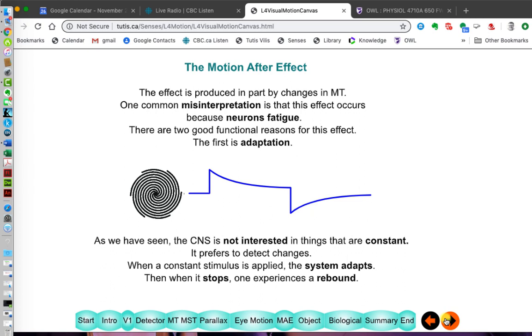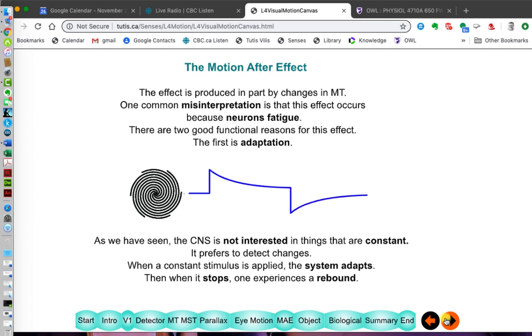Well, in most normal circumstances, neurons do not fatigue. But there is one possibility, and it's called adaptation. We saw it's sort of a general principle that the brain likes to notice changes, not what's constant, like the pressure of your clothes.